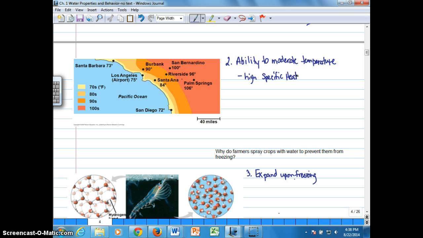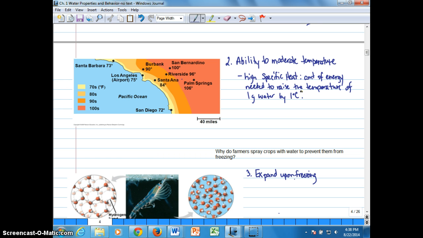And specific heat is defined as the amount of energy needed to raise the temperature of 1 gram of water by 1 degree Celsius. Now, what does that mean in terms, well, let's look at the diagram over here.